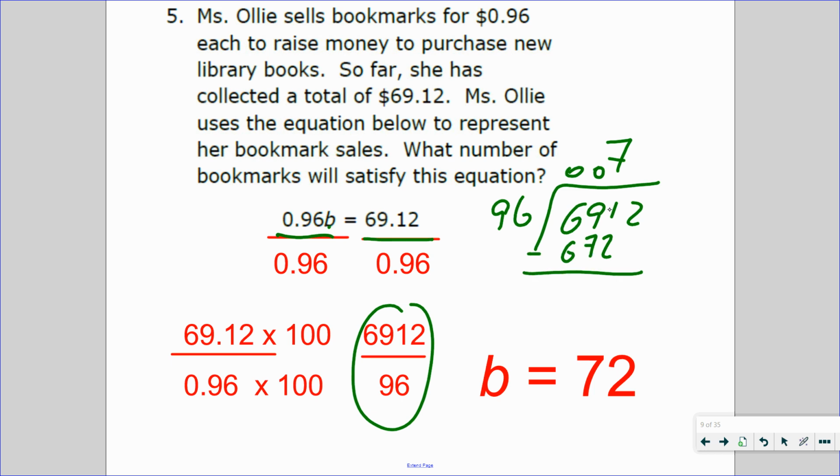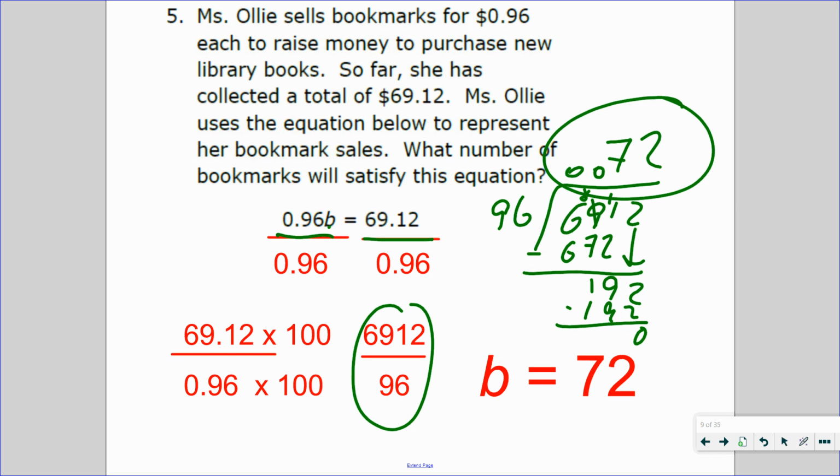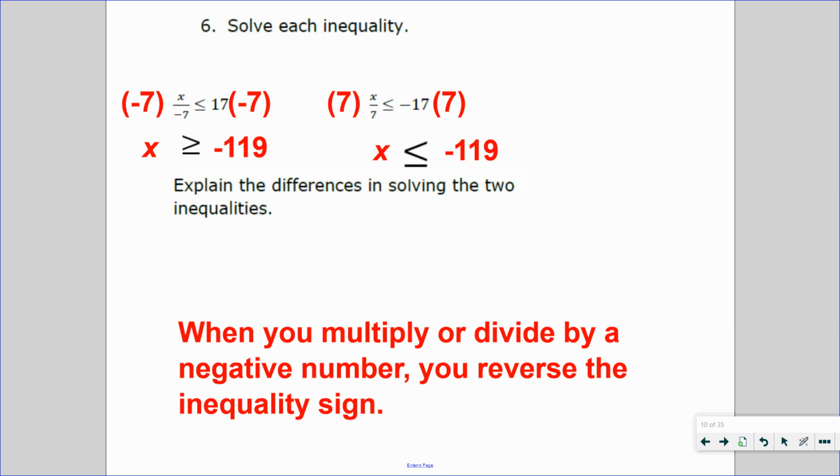If I subtract, it's 8, carry the 1, that's 9, 192. How many times does 96 go into 192? 2 times. Because you cannot buy a fraction of a bookmark, we know it's going to be a whole number: 72.